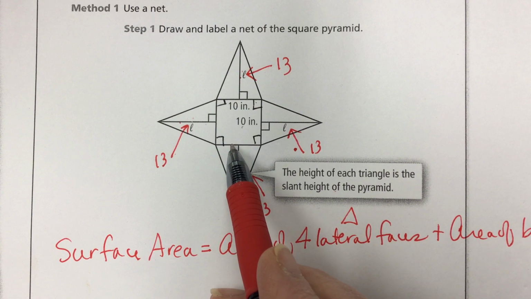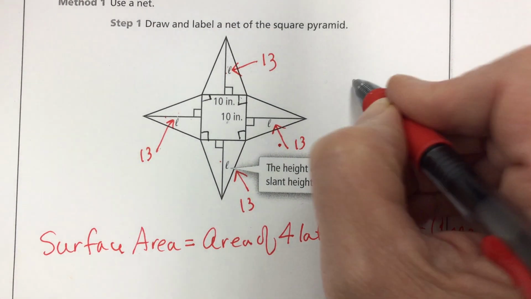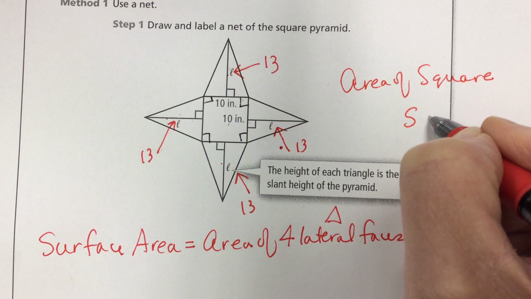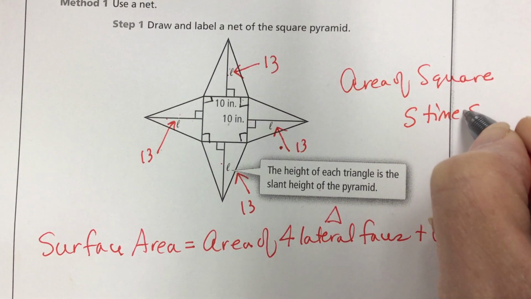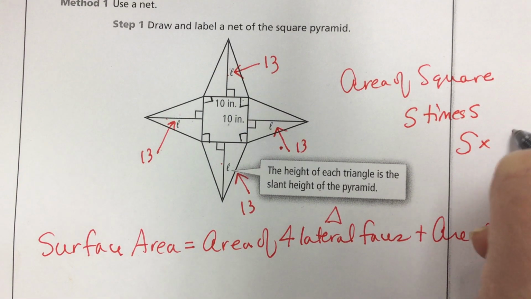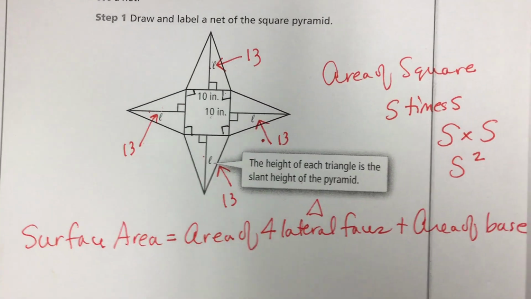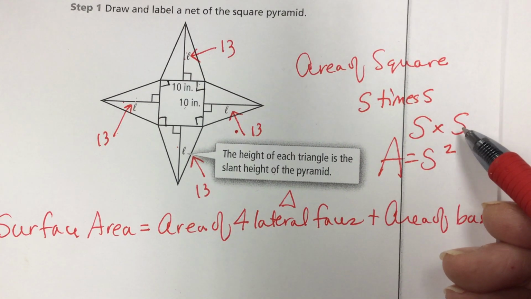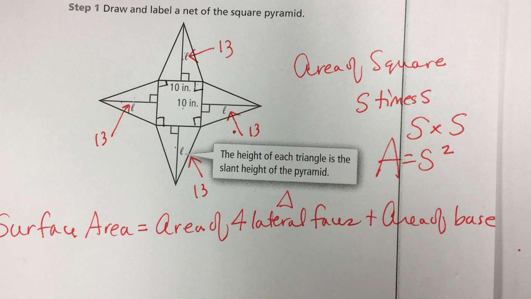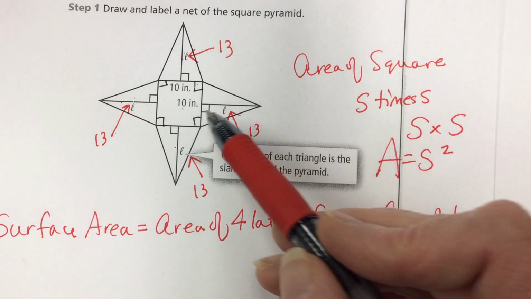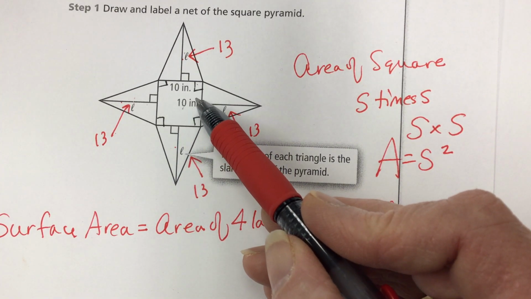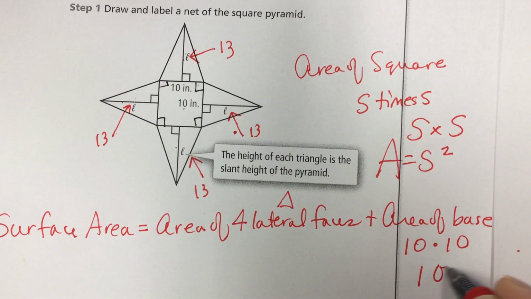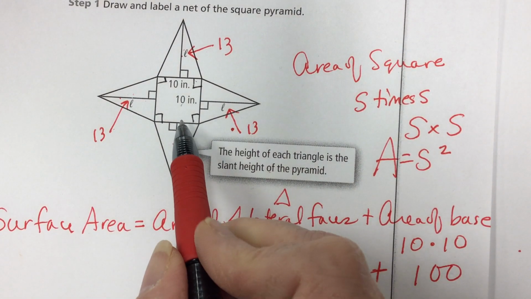The area of a square is side times side, or side squared. You may hear it as base times height of a rectangle, but since your base and height are the same in a square, you just multiply the side times the side. So I have 10 times 10, or 10 squared, which is 100. That's the area of my base.